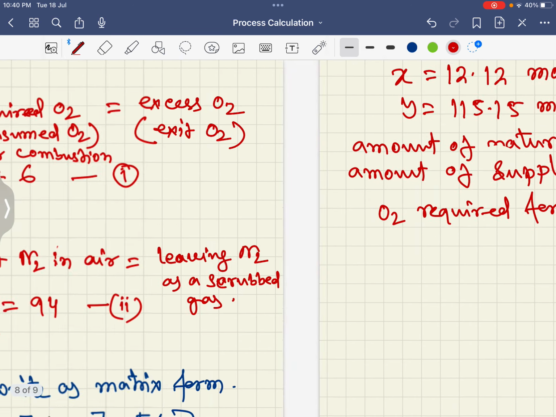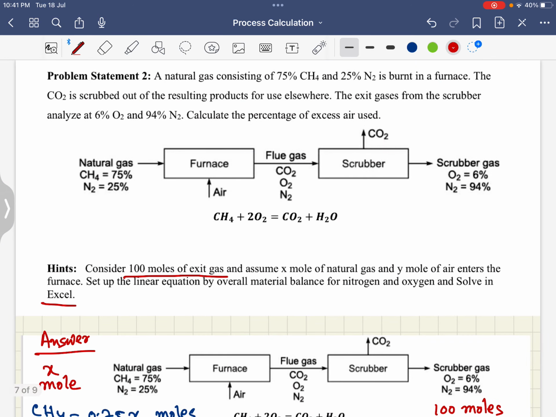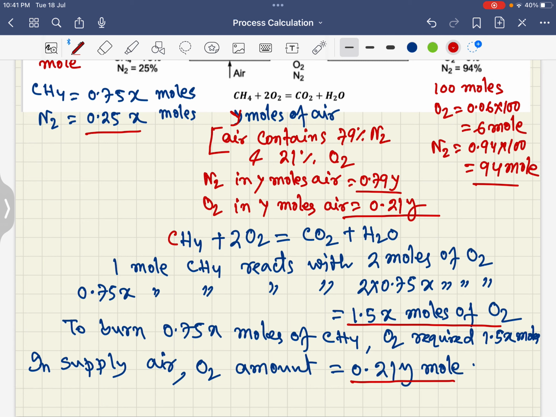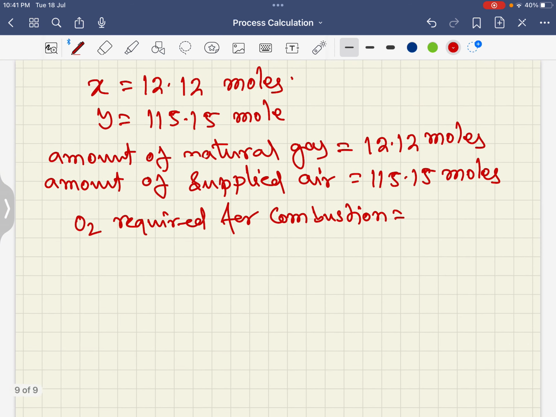So that is, you can see here, oxygen required for combustion is 1.5x mole. So that is 1.5 into 12.12 moles.